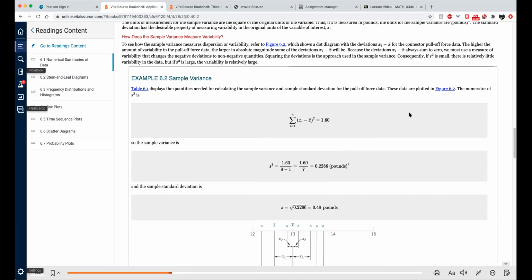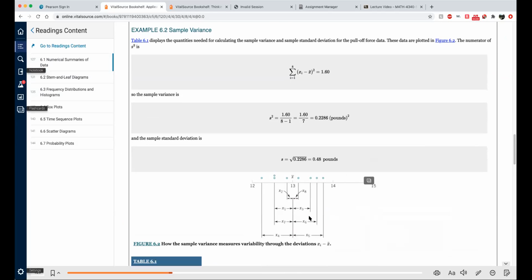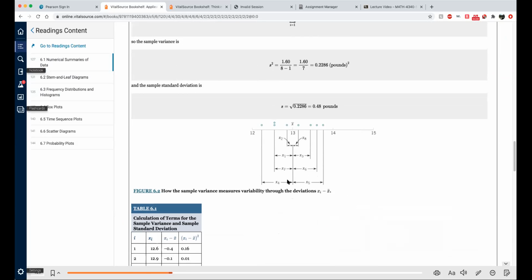Now these data are plotted in figure 6.2. You see right there, for example, x1 minus x bar. Use x1 here, minus x bar, that will give you the distance between x1 and x bar.